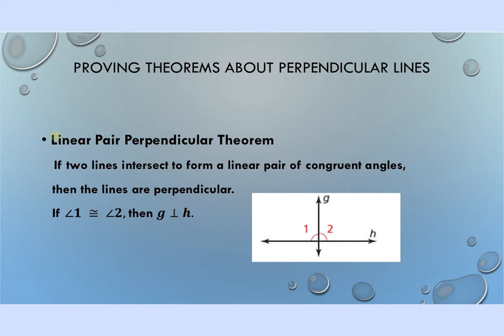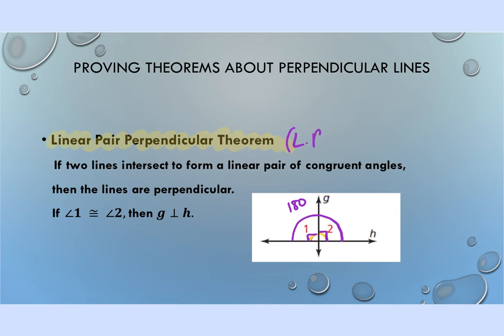The linear pair perpendicular theorem, okay, it's a mouthful. You could put LPP theorem, okay? It says if 2 lines intersect to form a linear pair of congruent angles, then the lines are perpendicular. So if it is 2 angles and they are congruent, we know that if it forms a line, it would have to add up to 180, divide 180 by 2, and I'd get 90 and 90, which is where this comes from.